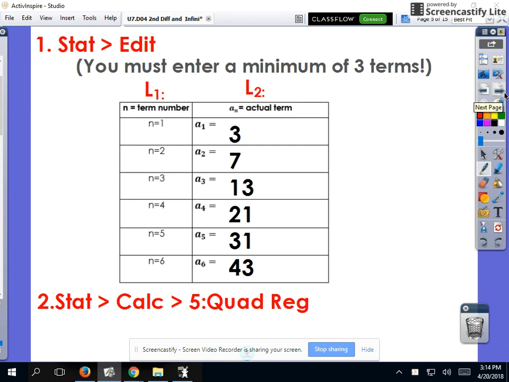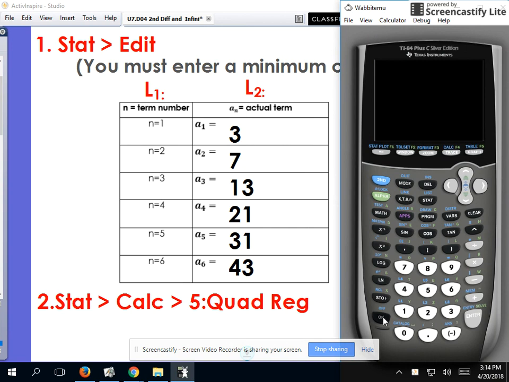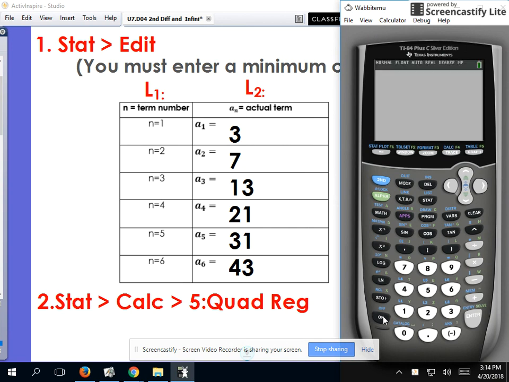All right, so what you're going to do in your calculator, turn it on. Mine's not on. But what you're going to do is go to the Stat button, which is right here under Delete. You're going to press Edit, and then we're going to put some data in here.